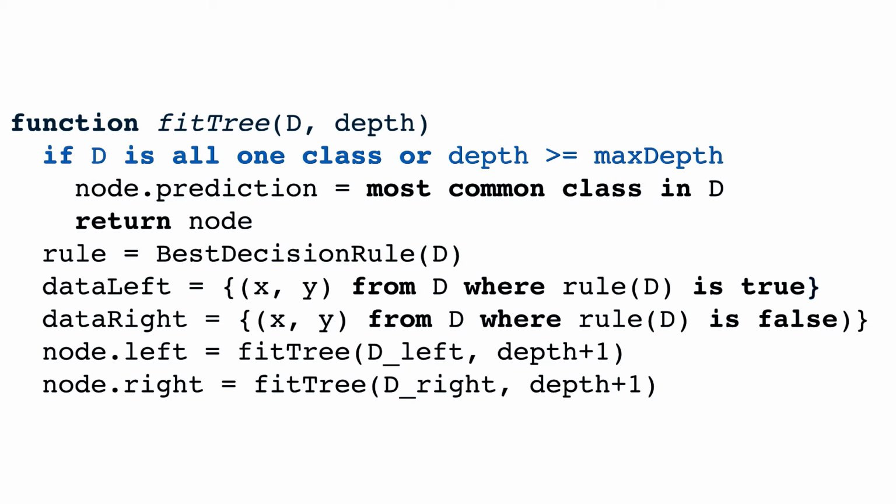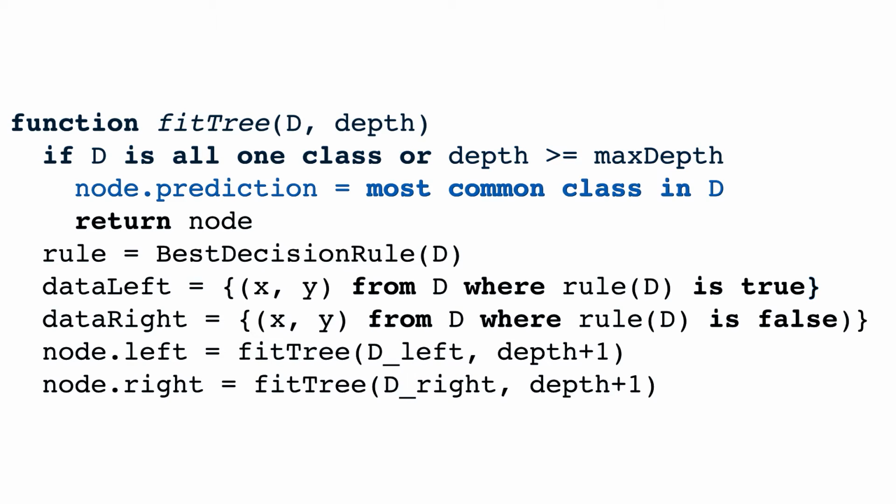So if D is our input to our current function call, and we examine D and it contains all cats, every single example is a cat, then we go into this base case scenario. And the other base case scenario is something that we do for practical reasons and for reasons that we'll discuss involving model complexity. We limit the depth of the tree. So if the depth of the tree is at the maximum depth, then we just run the base case scenario.